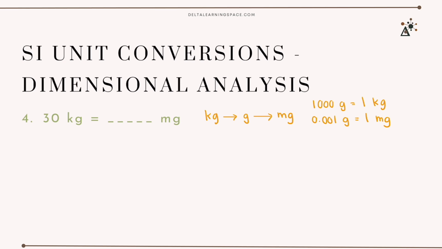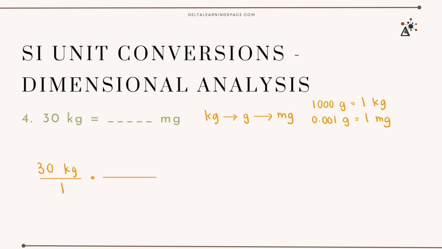And so now we can follow our steps. The first thing I want to do is I want to put my given value and unit. So I have 30 kg, and I like to set it up as a fraction. Then I'm going to put a multiplication sign and set up another fraction and write my first conversion factor.